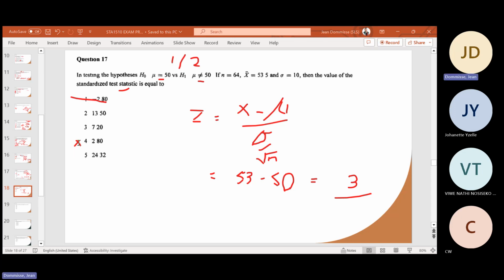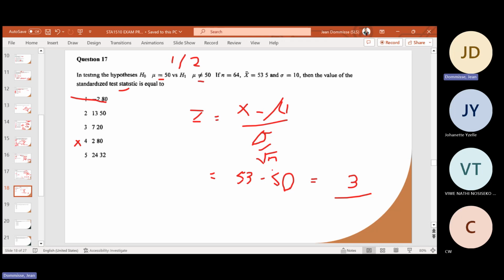So standard deviation divided by the square root of 64, which gives us 1.25. So 3 divided by 1.25 gives us 2.4. Oops.